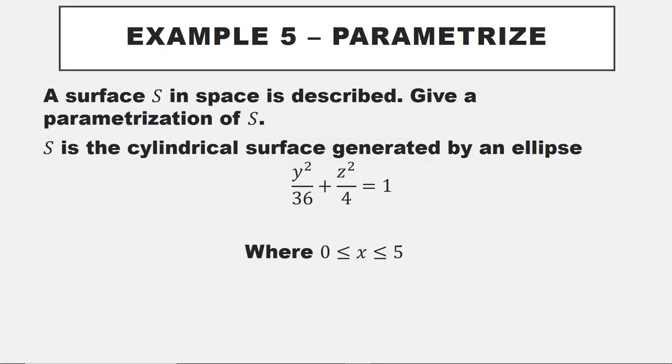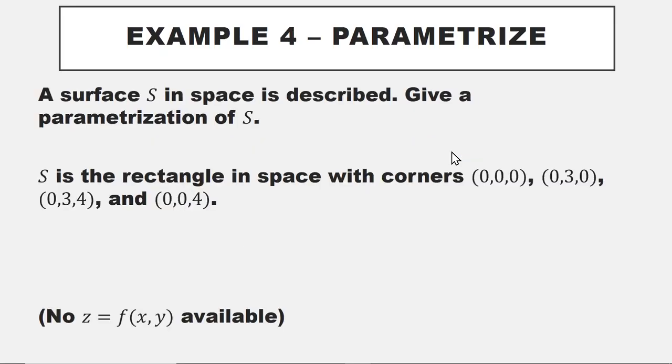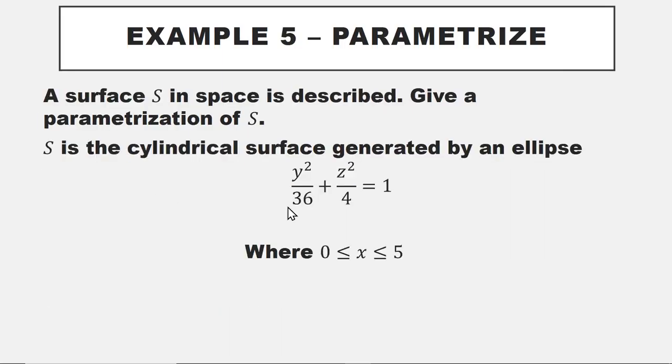Now, in this case, it's going to be very different from our previous examples, because while no z equals f of xy was available, there was an x equals a function of yz available in this case. And so in this situation, we're going to have a cylindrical surface generated by an ellipse.